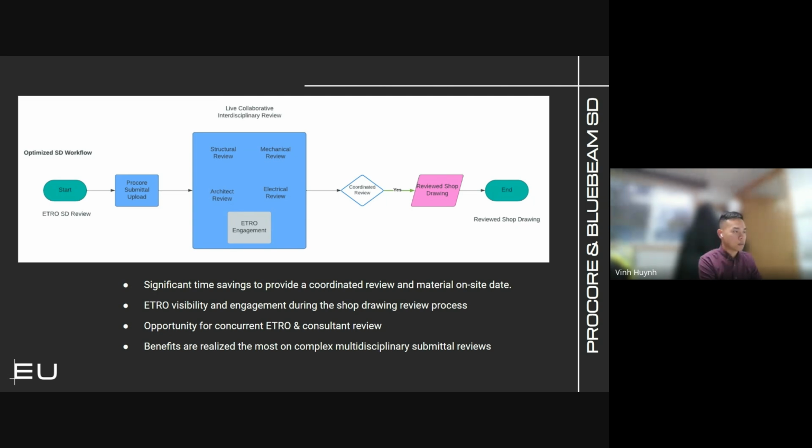Electrical takes the first clean PDF and does their own review, and they don't talk to each other. So at the end, we got the final version, and there were so many comments that M&E or architect or structural had to review, so we had to keep chasing them. After we implemented this, the second round of elevator shop drawing took only 2 to 3 weeks, which is much better, much less painful for everybody.